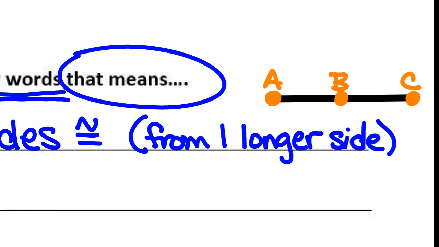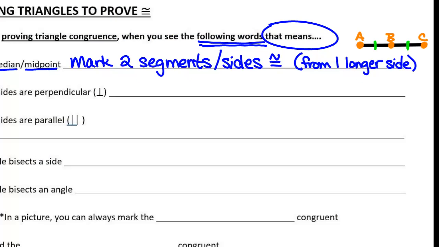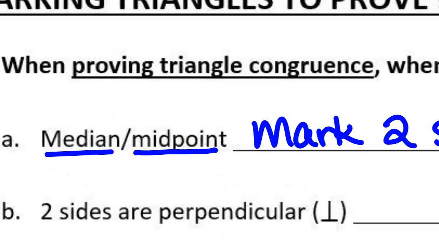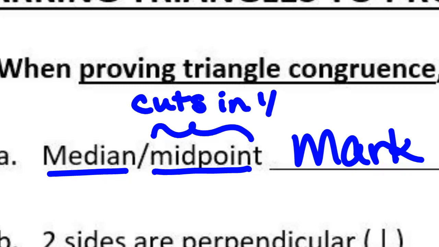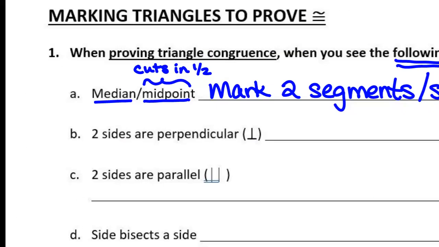If I have a side that I'm looking at and it has points A, B, and C on it, and I am told that B is the midpoint of AC, then I can mark these 2 segments congruent to each other. If I know something is a midpoint, then I know it is splitting it in half. So those 2 sides would be identical.